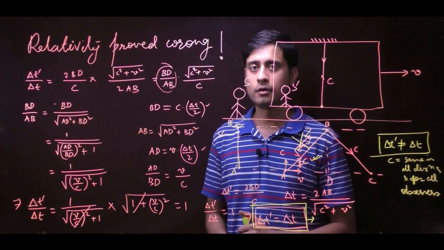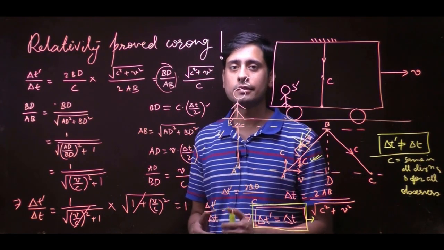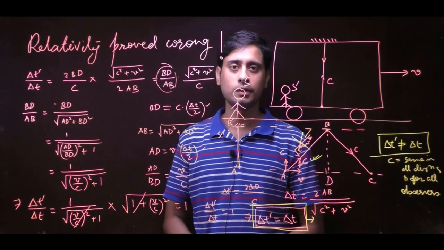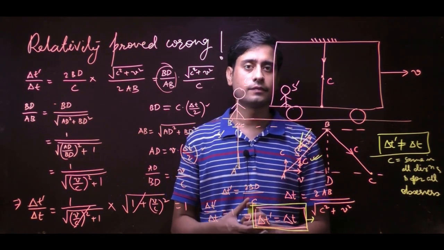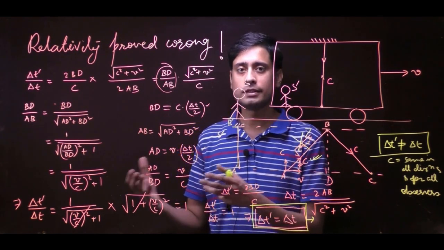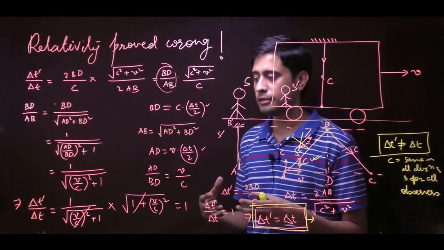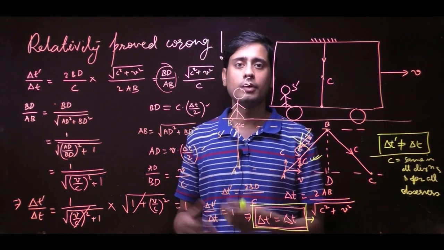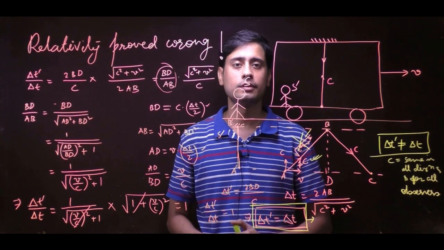But as I told you in the last lecture, Einstein was a great theorist and he didn't need any kind of experiment to prove his theory. He guessed from the equations of electromagnetism that the speed of light cannot be with respect to any observer. It should be independent of any observer.